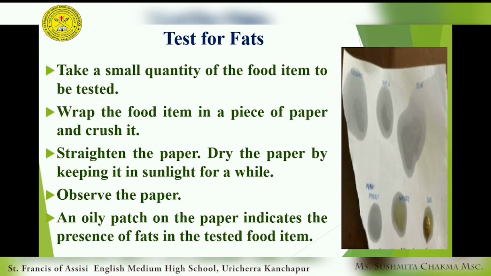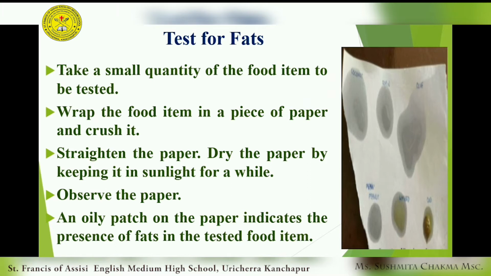Then wrap the food item in a piece of paper and crush it. Then straighten the paper and dry it by keeping it in the sunlight for a while. Then observe the paper. You will be able to see an oily patch on the paper. That indicates the presence of fat.